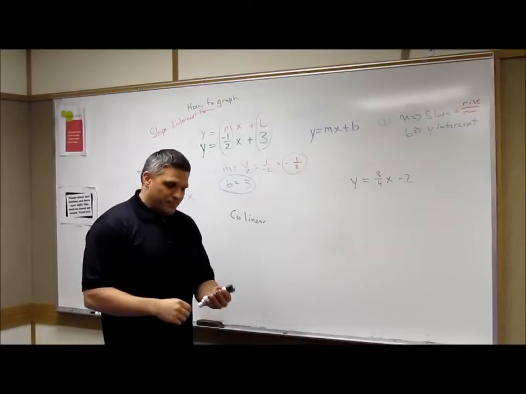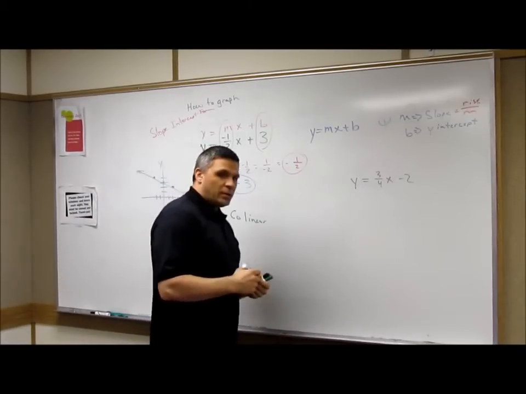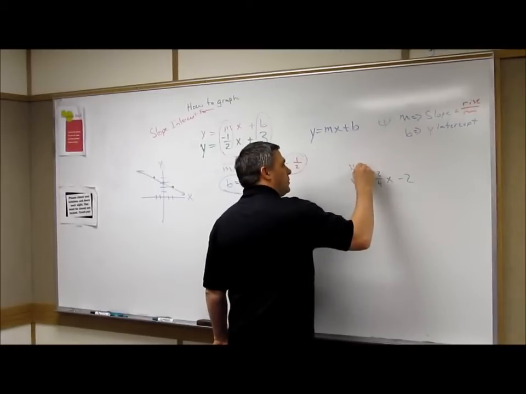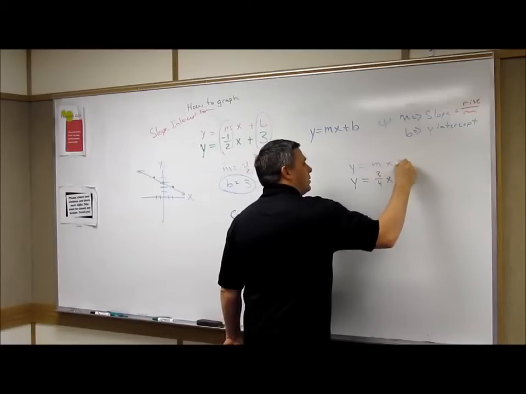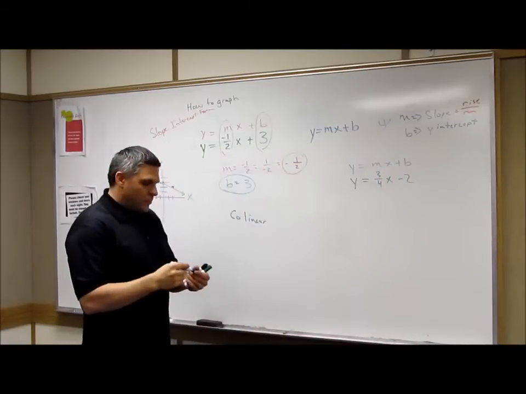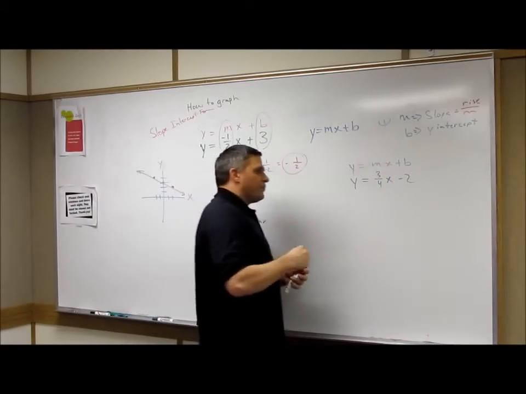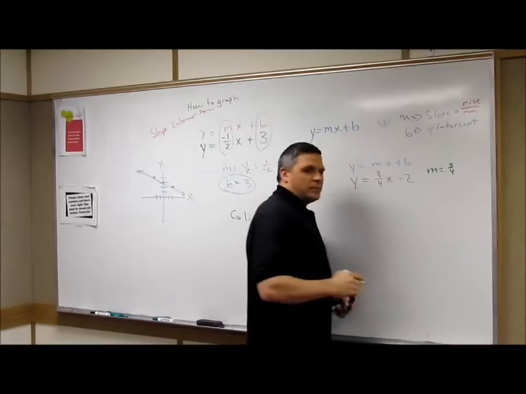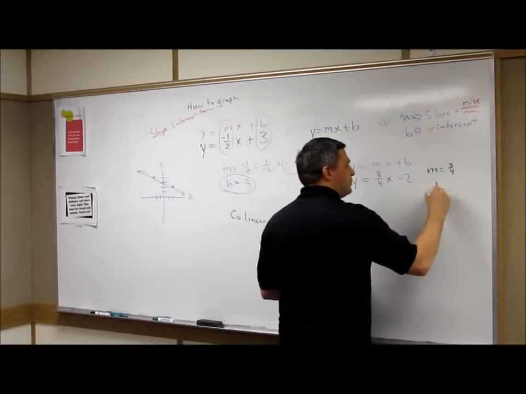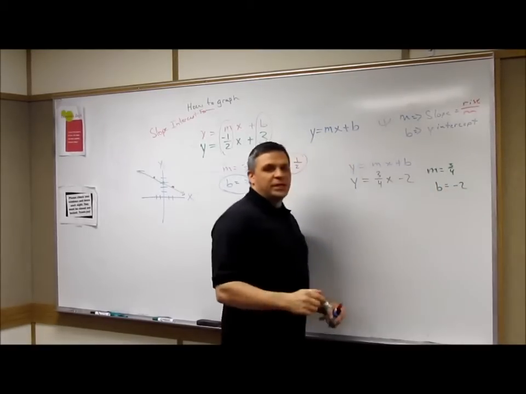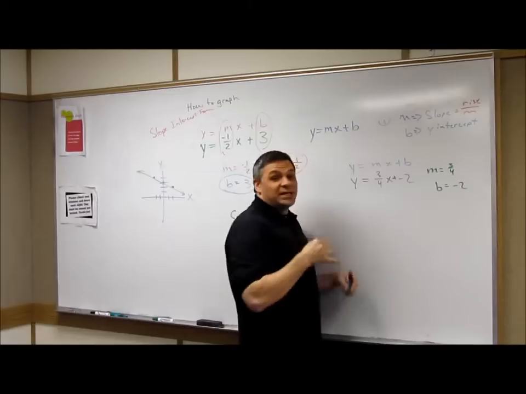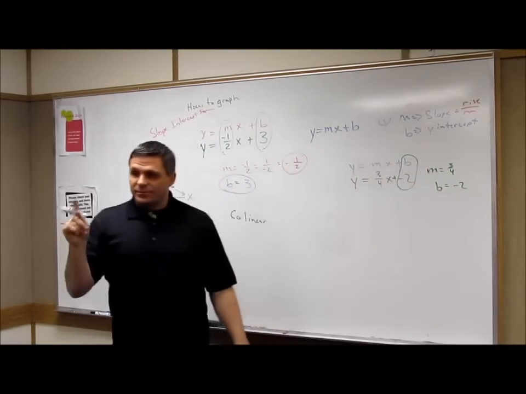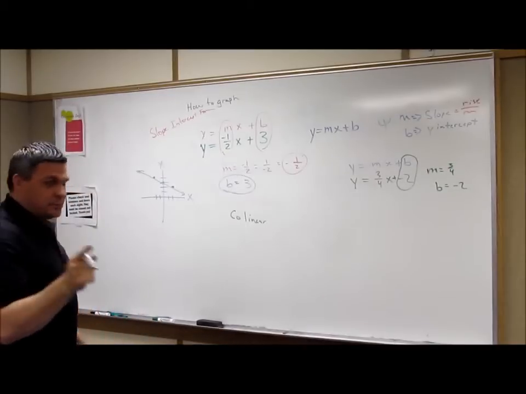What's our first step? Linear equation, which is y equals mx plus b. Good. So what's m? 3 over 4. What's b? -2. Good. Remember, this is the same as plus a negative, so b is the -2. That's crucial.